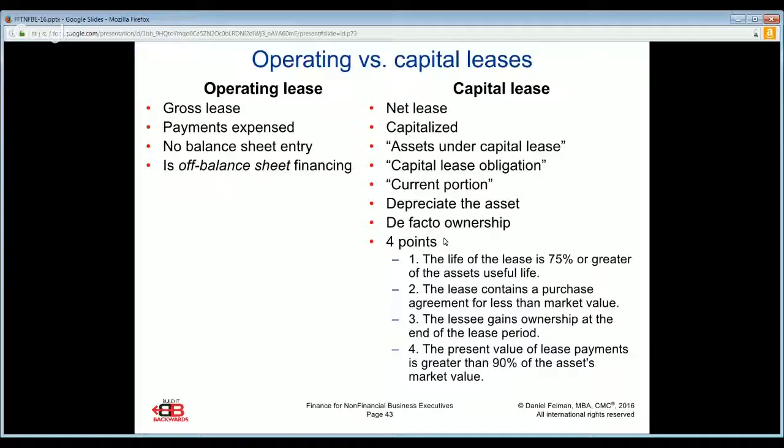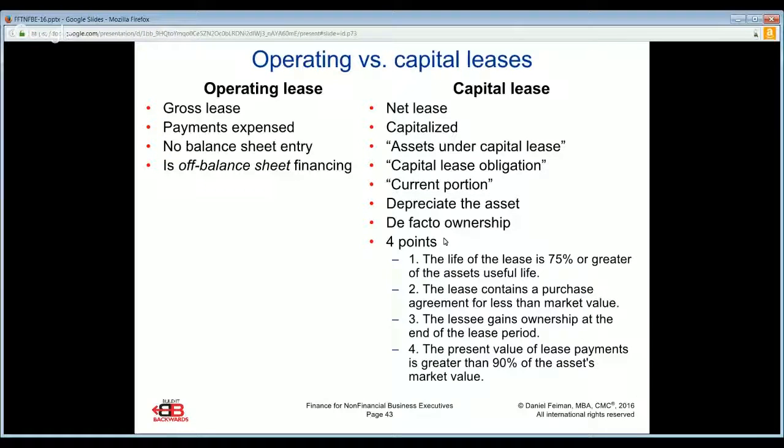That means if the lease meets any one of the four criteria at the bottom of the page, the life of the lease, in other words, the term, the number of years, is 75% or more of the useful life of the asset as accounting establishes the useful life, then we're required to call this a capital lease.